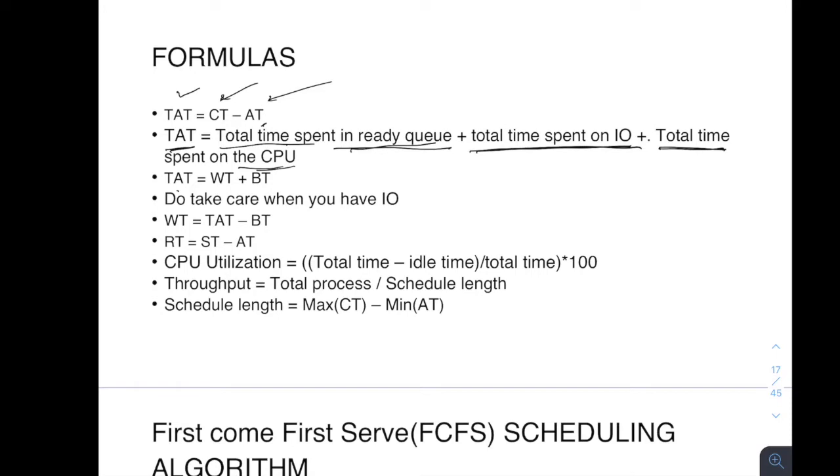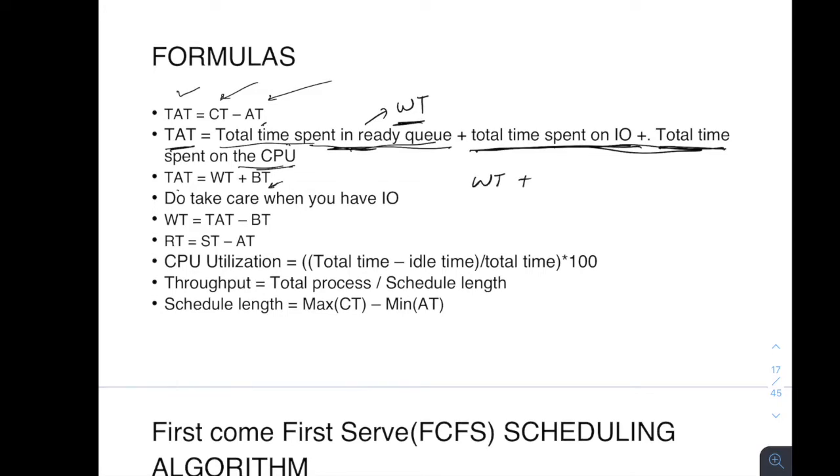Because the total time spent in the ready queue is waiting time, as I told you. And the total time on IO plus the total time on CPU is called burst time. Now of course, do take care when you have IO, because normally you should write WT plus IO BT plus CPU BT.